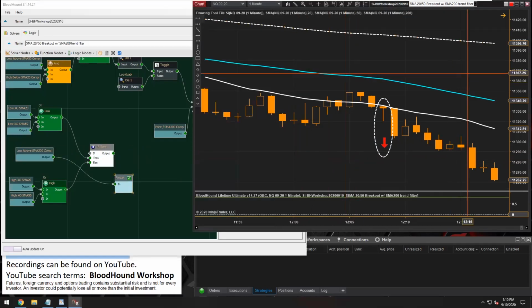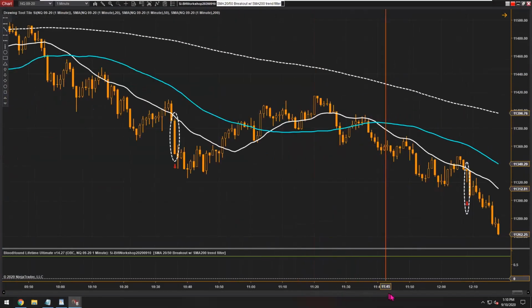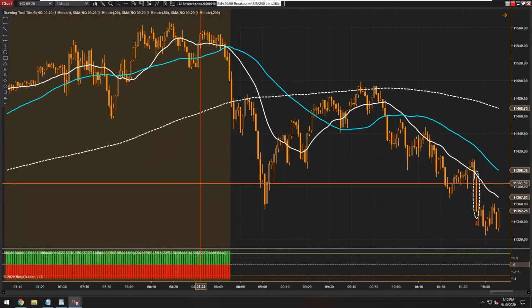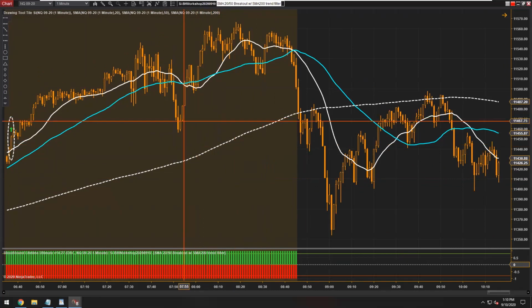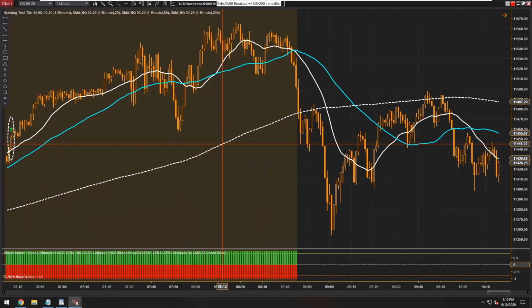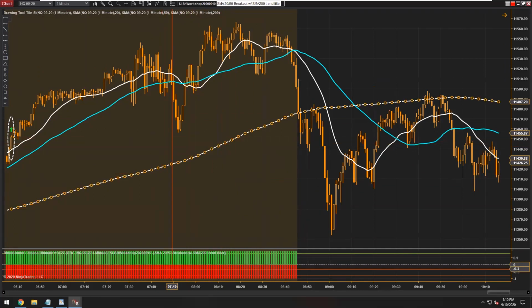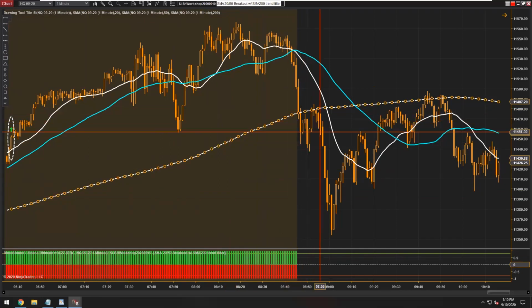If the bar is above the SMA 200, then everything is on, or if price is below the SMA 200, then everything is off.